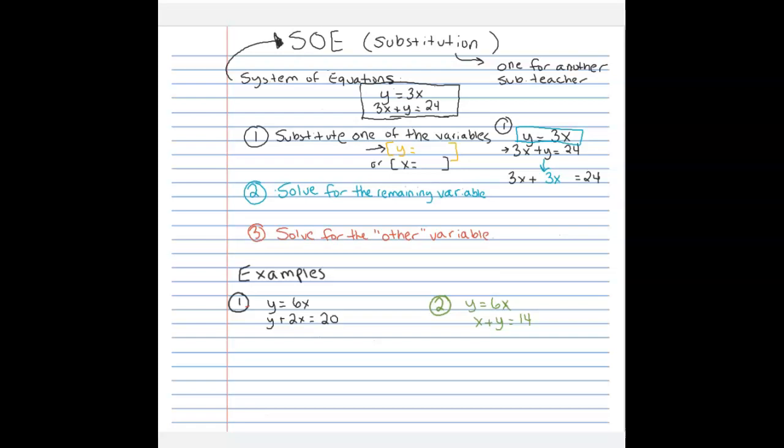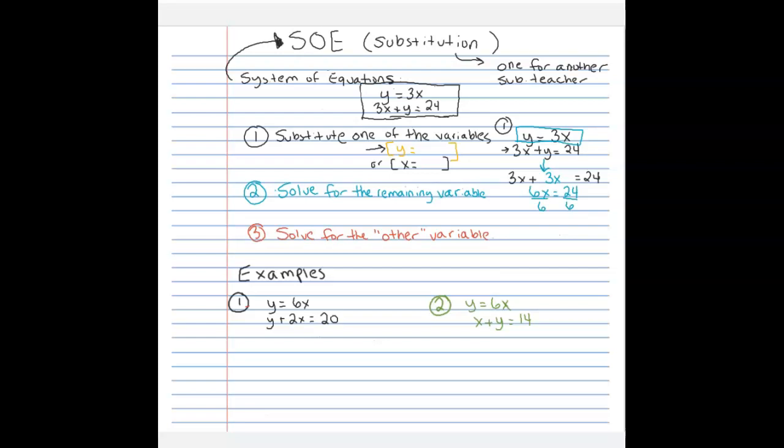Next thing we're going to do is solve for the variable. In this case, we only have one left. We're going to solve for x. So we have 3x plus 3x, we have 6x equals 24. Again, this looks a little bit easier now because we only have one equation and one variable. So I'm going to divide both sides by 6.